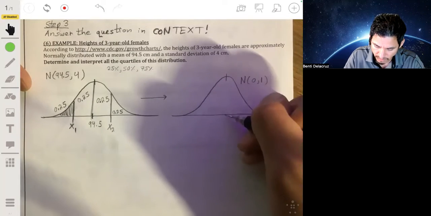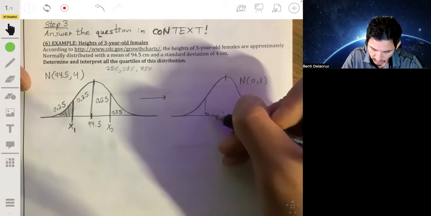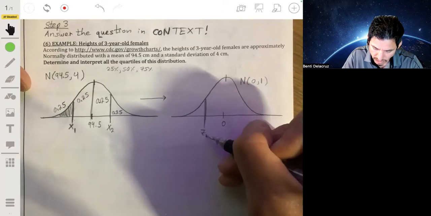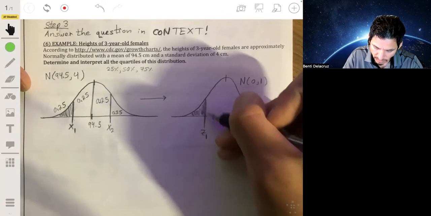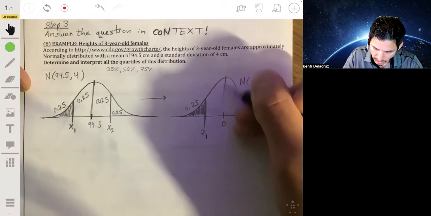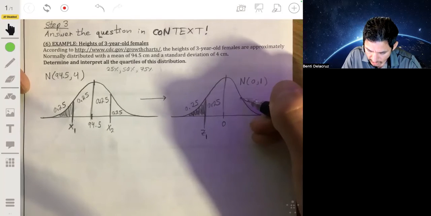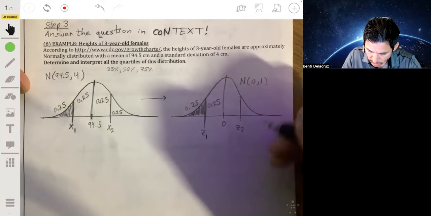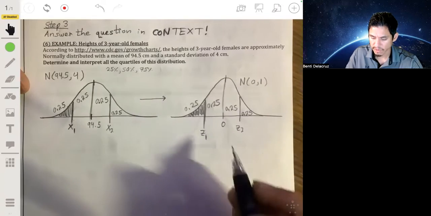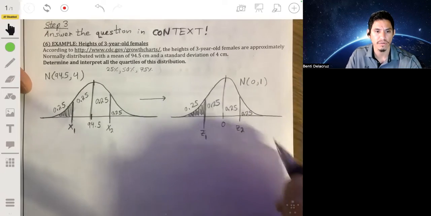So right in the middle, we have 0. Here, we want to find Z1, which has 0.25 over here. We don't need to worry about the next one because that's just the mean. And Z2 would have an area of 0.25 there and an area of 0.25 here. So we want to find these Z values, Z1 and Z2, in the standard normal distribution.